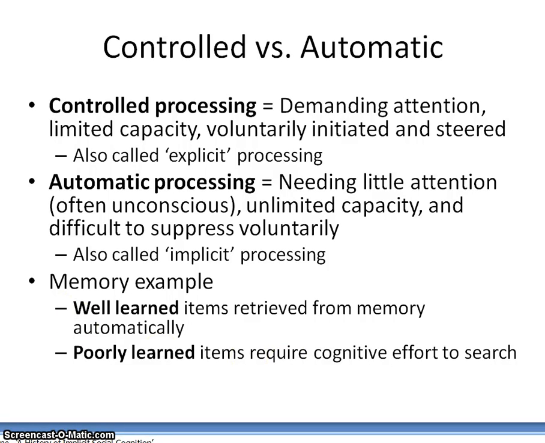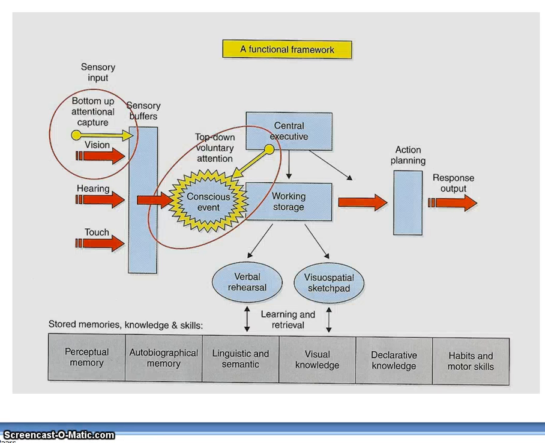Now, if we go back to our model, we can see what that might look like. So your times table, this is knowledge about the world. We'll call this declarative knowledge about the numerical world, right? You know your times tables. Well, because it's well learned, any simple cue, like a question, what's 2 times 2?